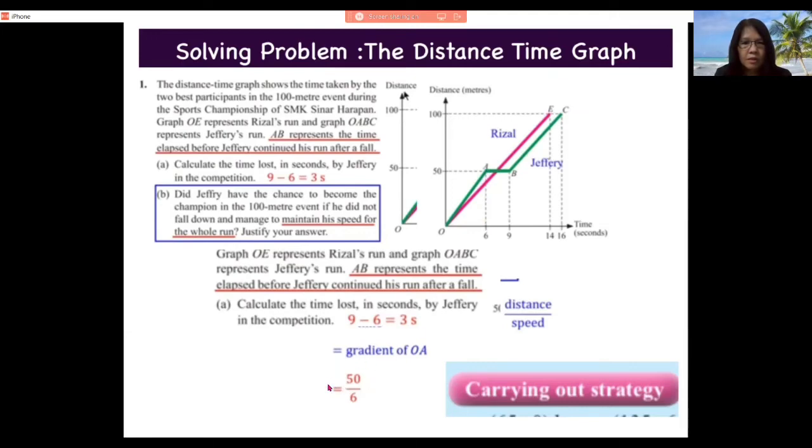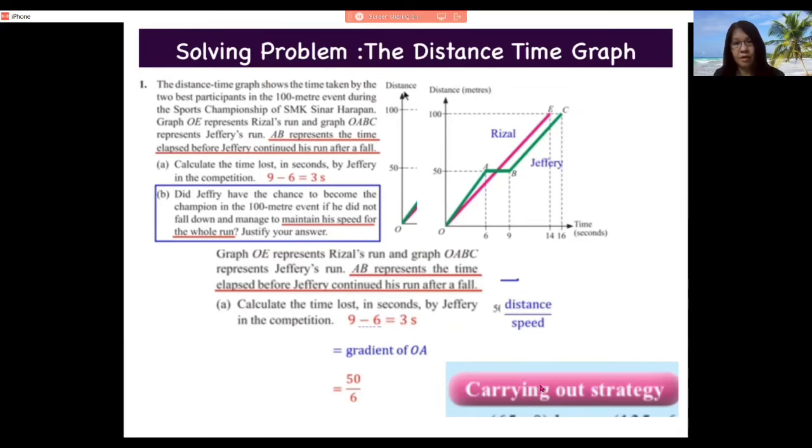So the speed is 50 over 6 for Jeffrey in the early stage. The question is asking if Jeffrey maintains this speed, will he be able to become champion? The distance remains the same.